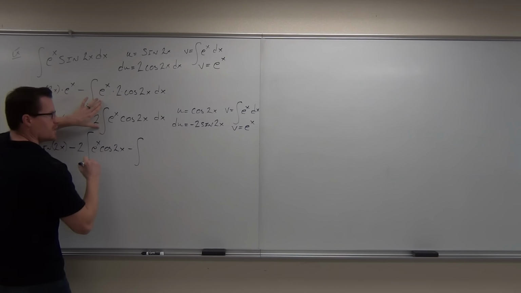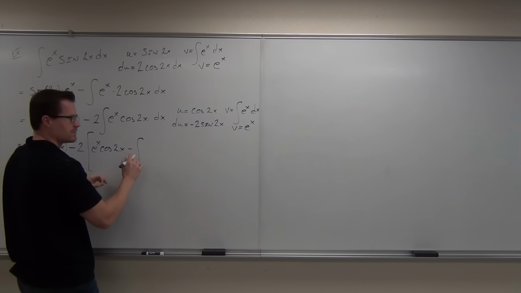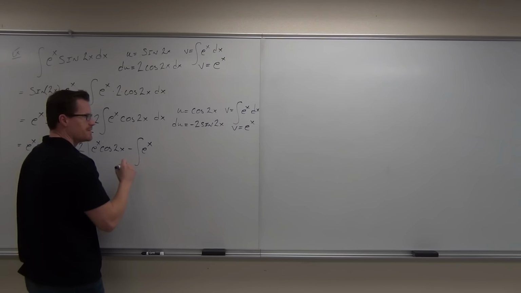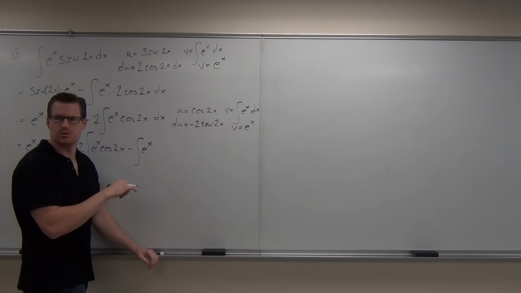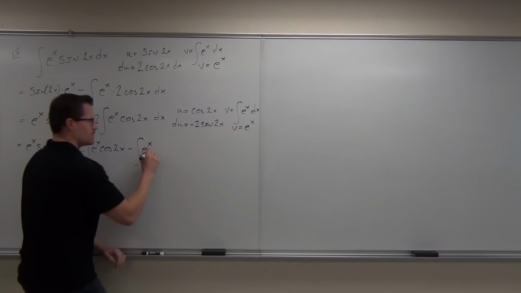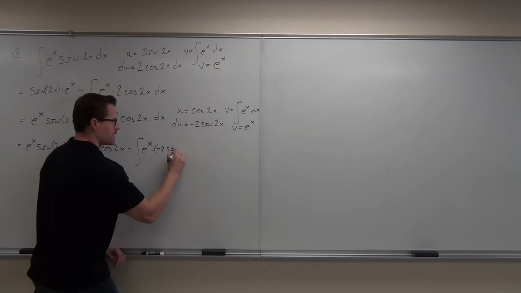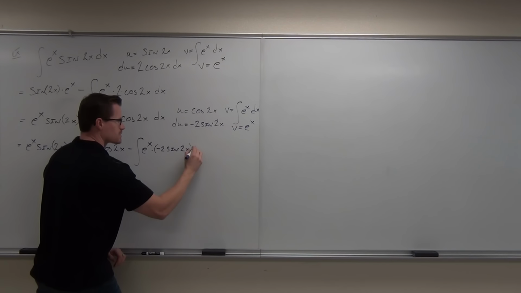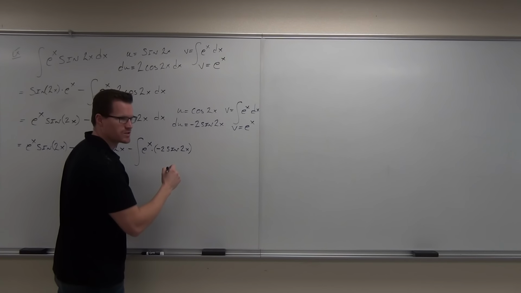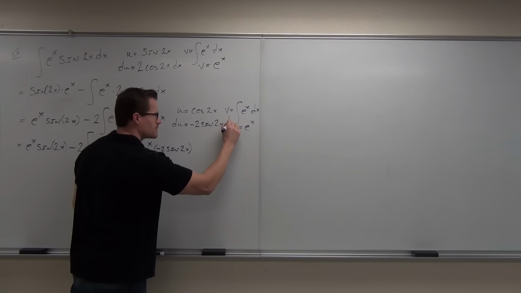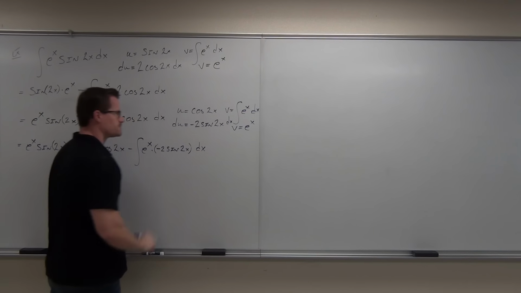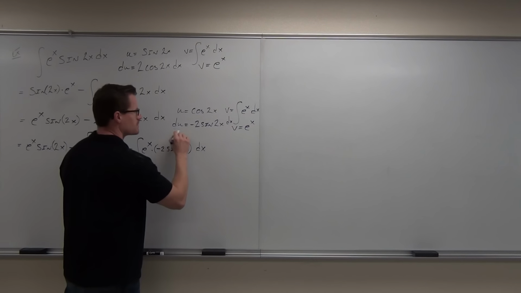Minus the integral of, what's going in here? That's our v. And then v du, so negative 2 sine 2x. Oh, I forgot something. Do you see what I forgot? Oh, my dx. Sorry, I forgot my dx.